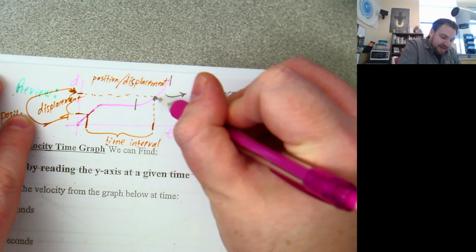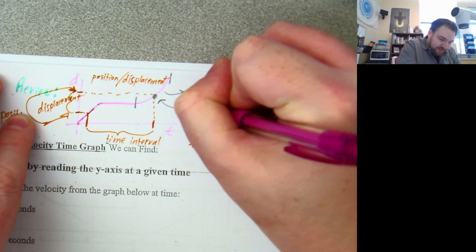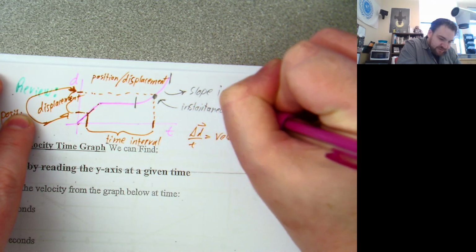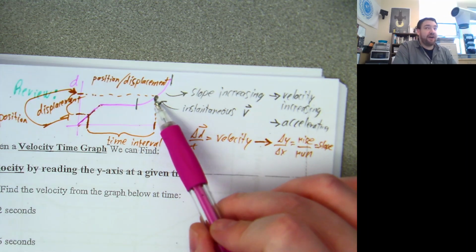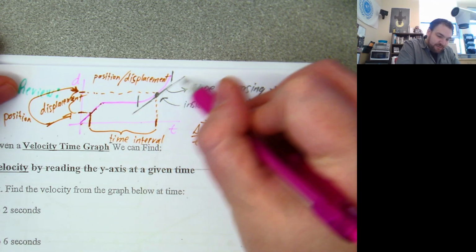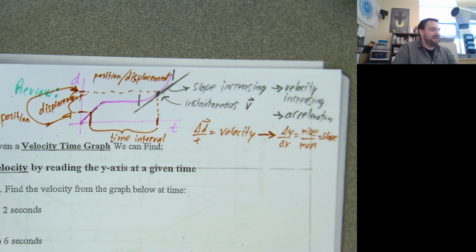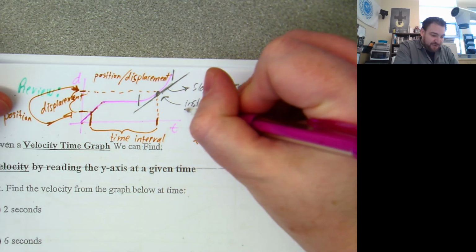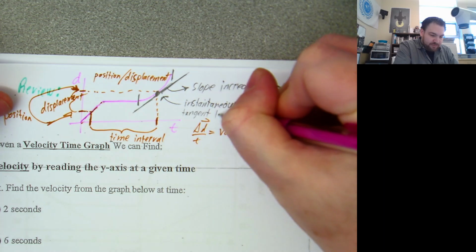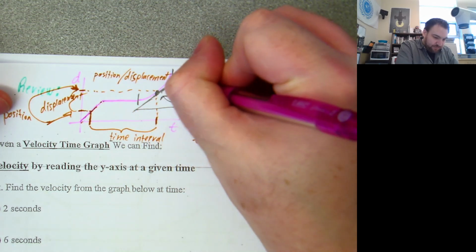So for example, at that time right there, if I wanted to know instantaneous velocity at that point, we drew what I introduced to you as a tangent line, which some of us took issue with, and that's okay. It was your first time being exposed to it. I think I only gave you 4 or 5 of them to play with. If I wanted to find instantaneous v, we're using a tangent line and finding the slope of this.